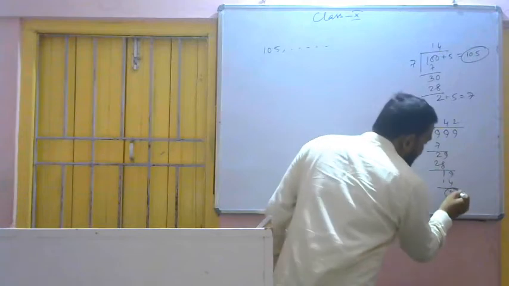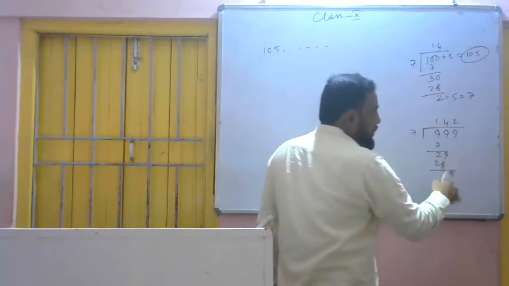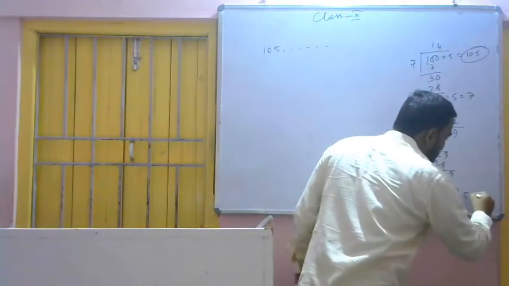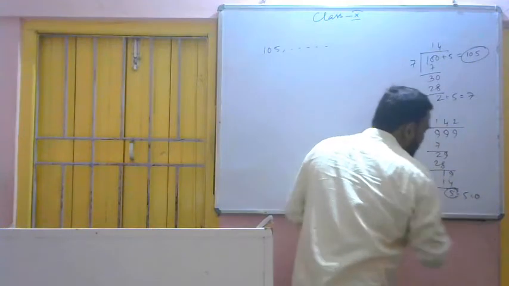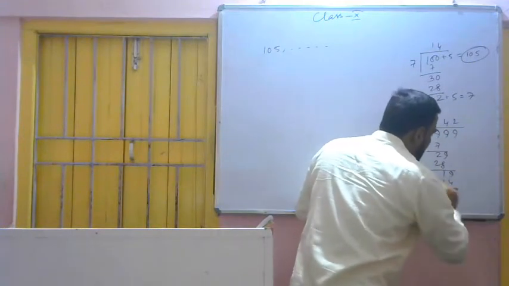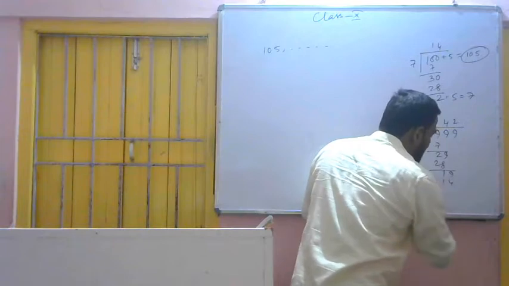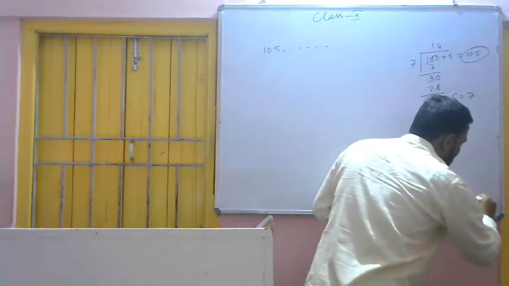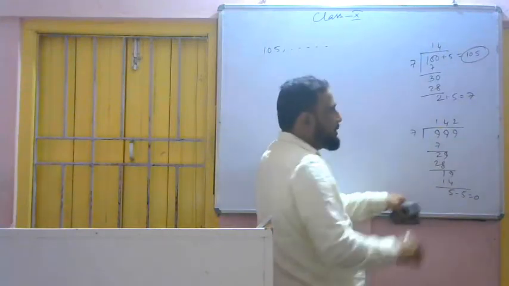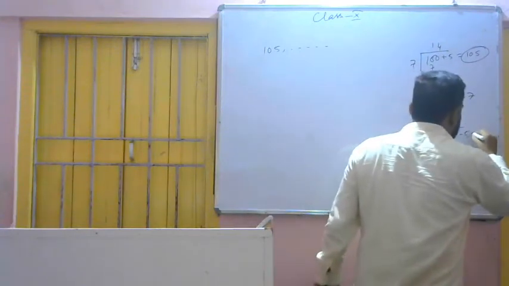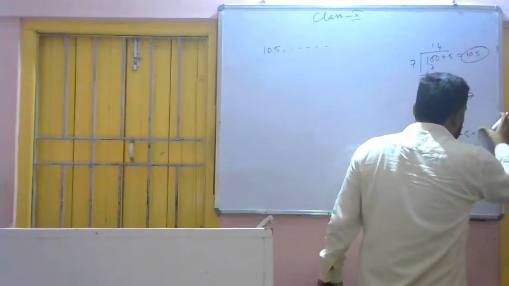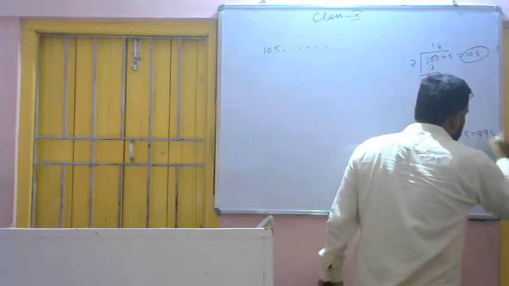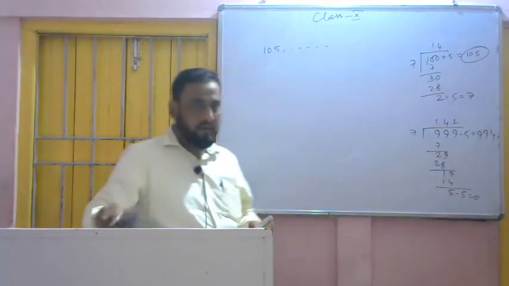For this 5, it is not divisible. If we subtract this 5, what will become? It would be 0, that is divisible. So here we subtract 5 from 999 and get 994. Got it?